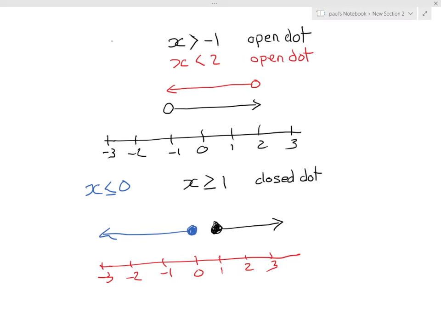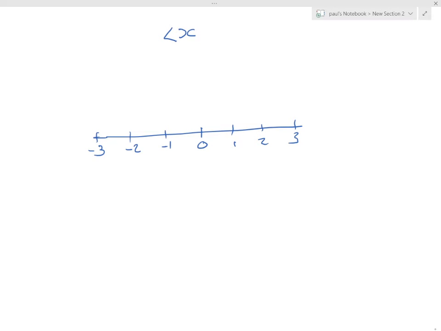Now, we can have a combination of both. So this time, we're going to put our number line there, and 0, 1, 2, and 3, and -1, -2, -3. So we'll have x in the middle, which is greater than -2, but less than or equal to 3.